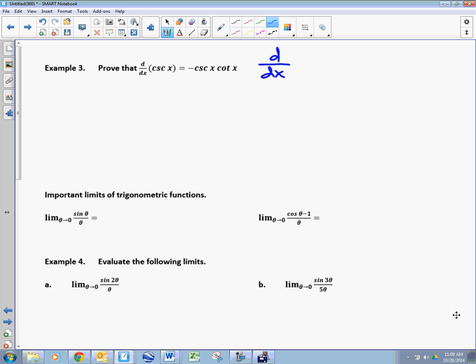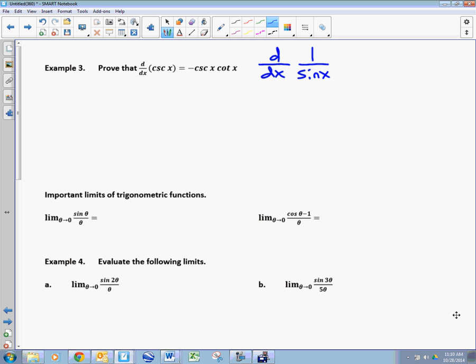For example, the derivative of cosecant is the same as the derivative of 1 over sine of x. See that cosecant and 1 over sine are the same things? I don't know how to do 1 over sine of x unless I use what rule? The quotient rule. So I'm going to take this derivative using the quotient rule, and it's going to come out equal to that. You're going to have to do this on your assignment for 2 problems.